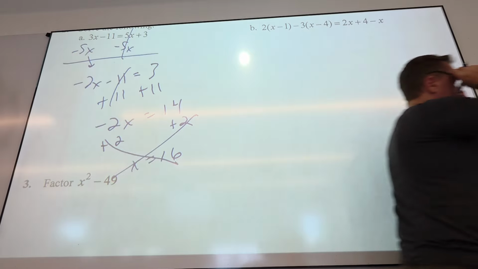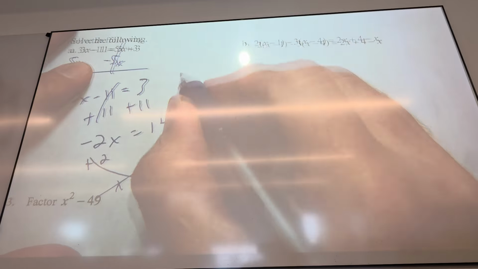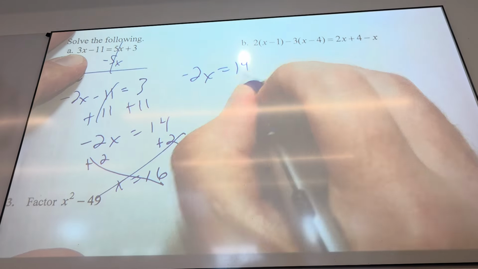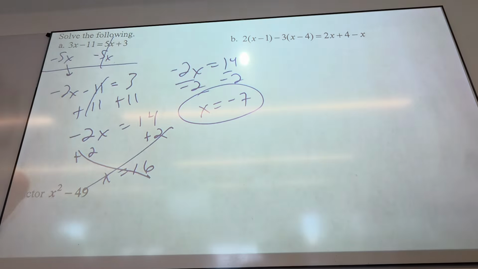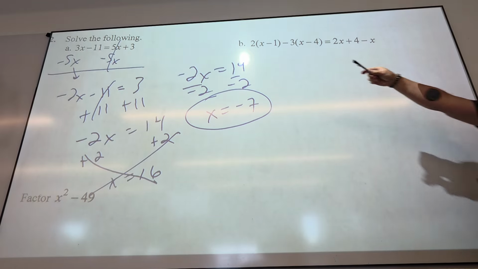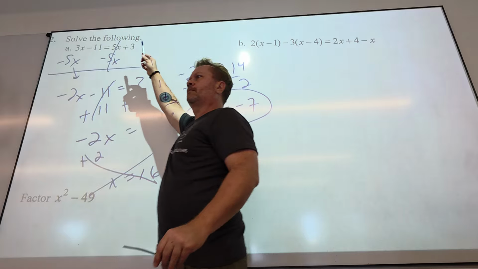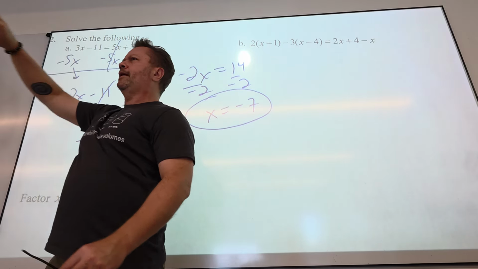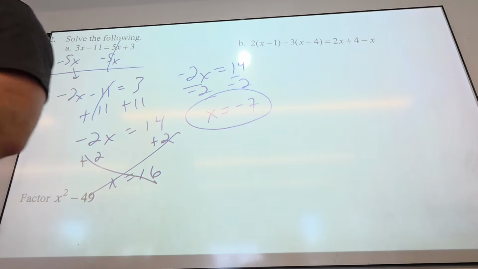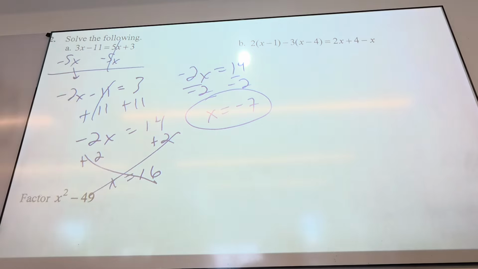So like you guys said, divide by negative 2. Now, did anybody subtract 3x instead? That's what I normally do to keep my x's positive so I don't make a negative mistake later. But there isn't a thing wrong with this. That's fine. Okay.